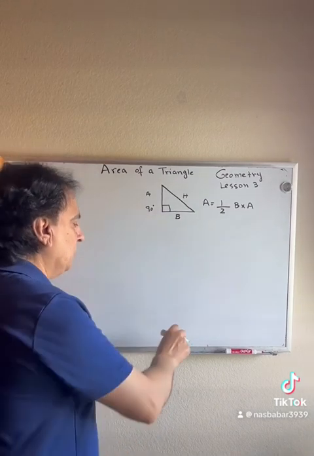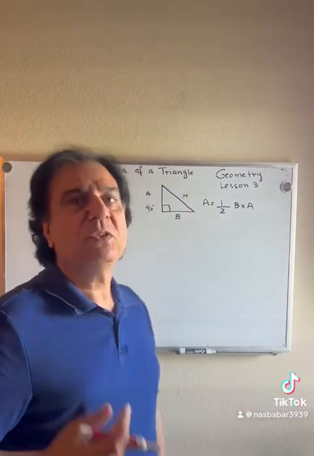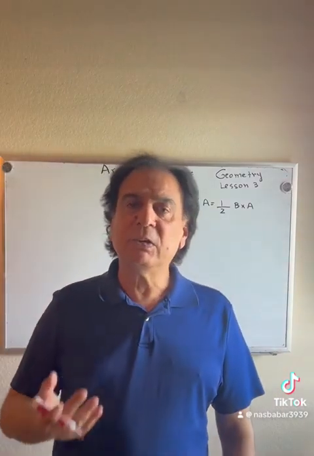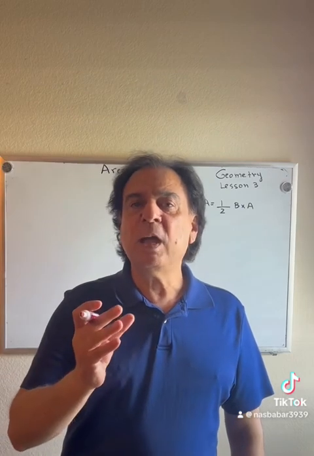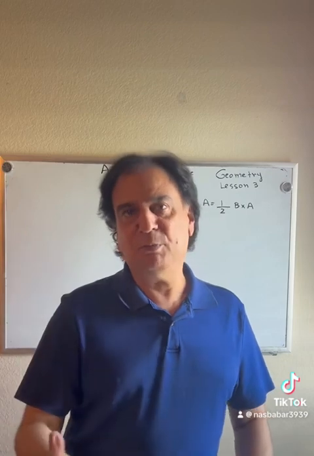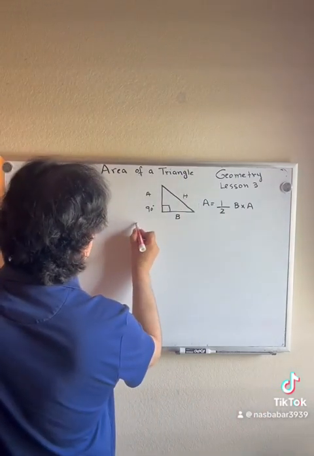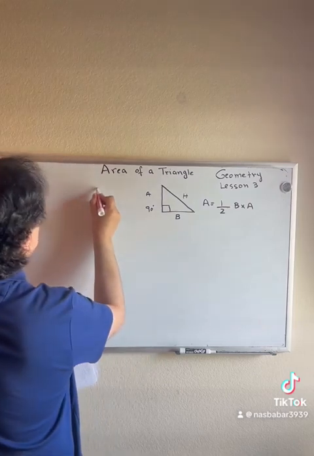Now let me ask you this. What if you have an equilateral triangle? What is an equilateral triangle? Equilateral triangle is when all of the sides have the same measurement. So for example, let me see if I can draw an equilateral triangle.